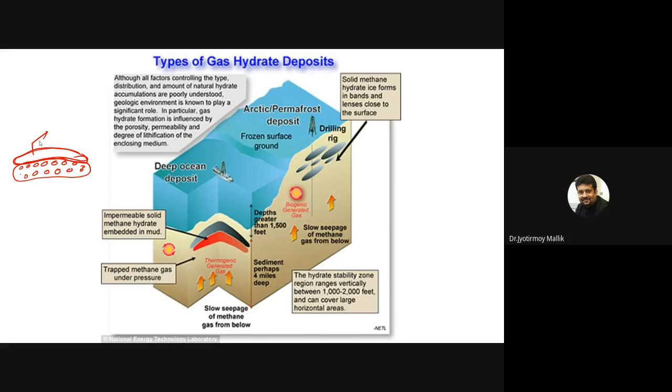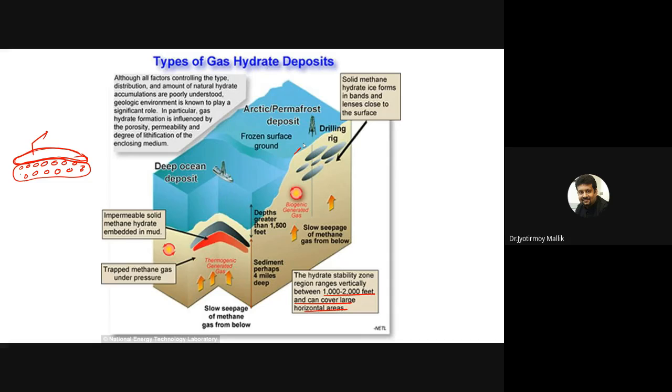So where do you see gas hydrates to be present? The hydrate stability zone ranges vertically between 1,000 to 2,000 feet, and covers a large horizontal area. So from the sea floor, you have to go around 1,000 to 2,000 feet below the water to actually find such gas hydrates.